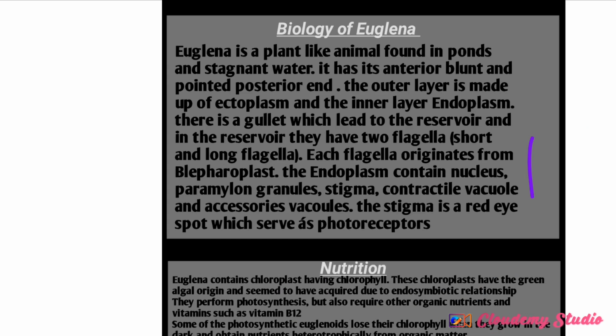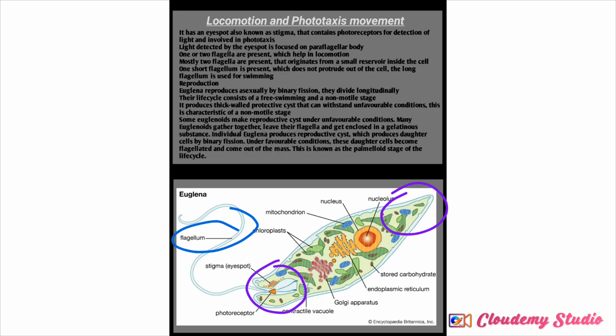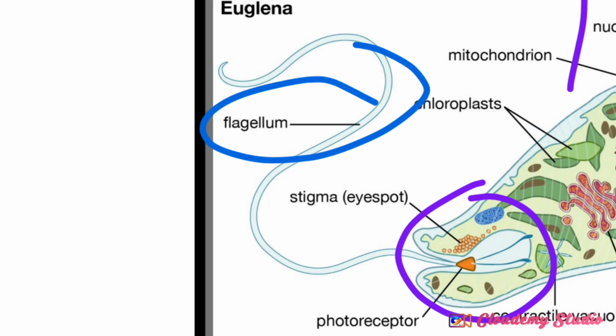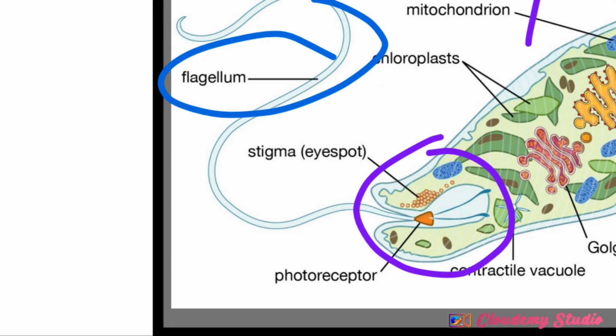And they have two flagella. That is the short and the long flagella. So inside this space, we have the short flagellum, and the long flagellum is the one that is protruding outside.